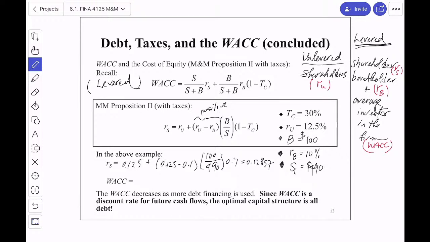So it's 490 for the levered firm. And then this is going to be equity. So the value of the firm would be 590.